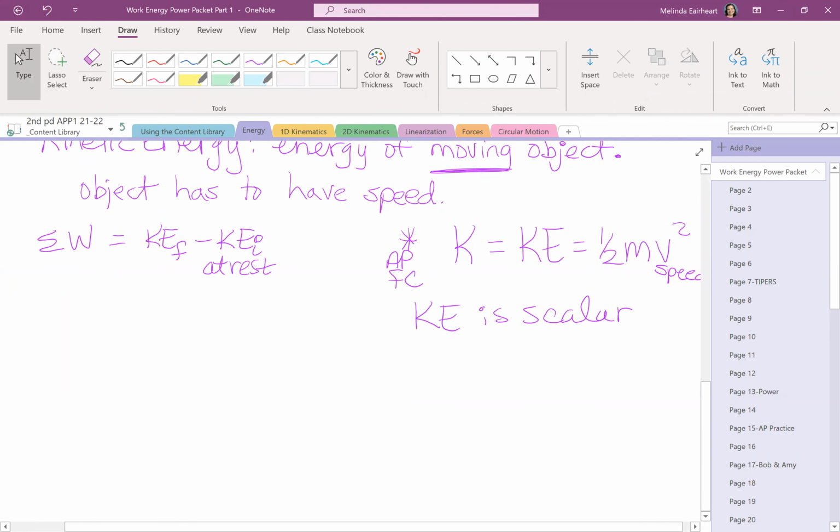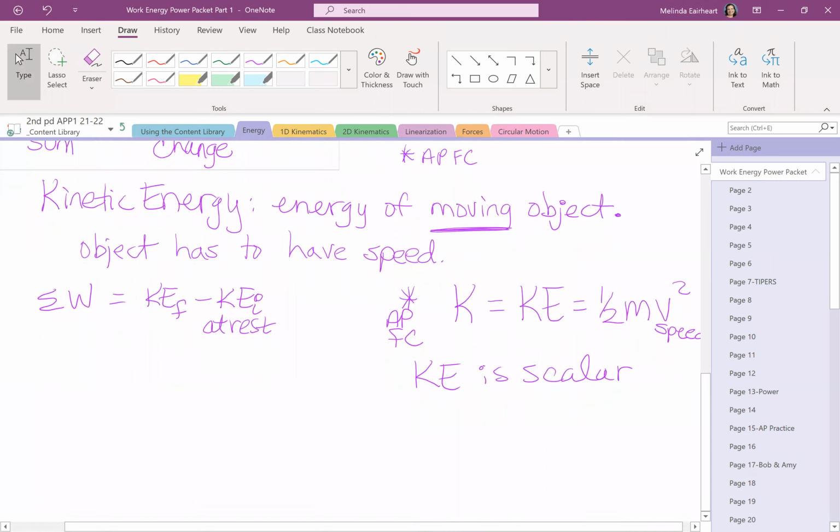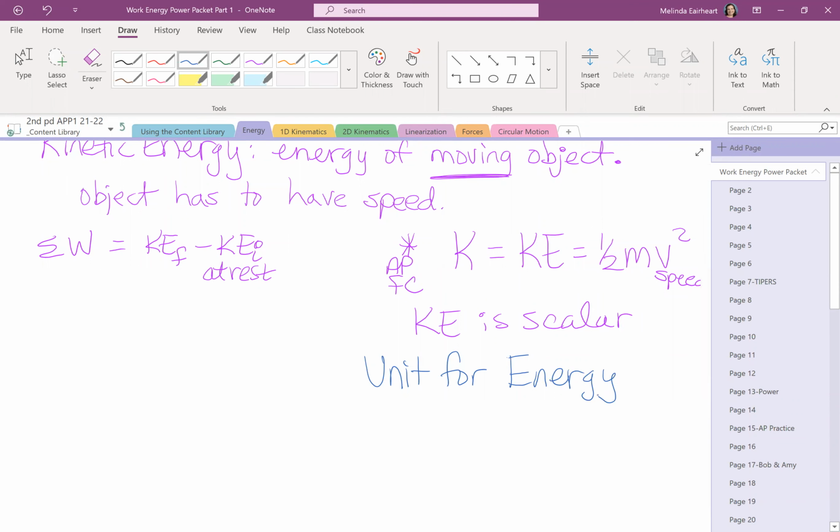Oh, I haven't talked units. Let's talk about units. Sorry, paper people, write small. The unit for kinetic energy, and I'm just going to say energy because next week when we learn about potential energy, it's going to have the same unit. So the unit for energy and the unit for work is what?